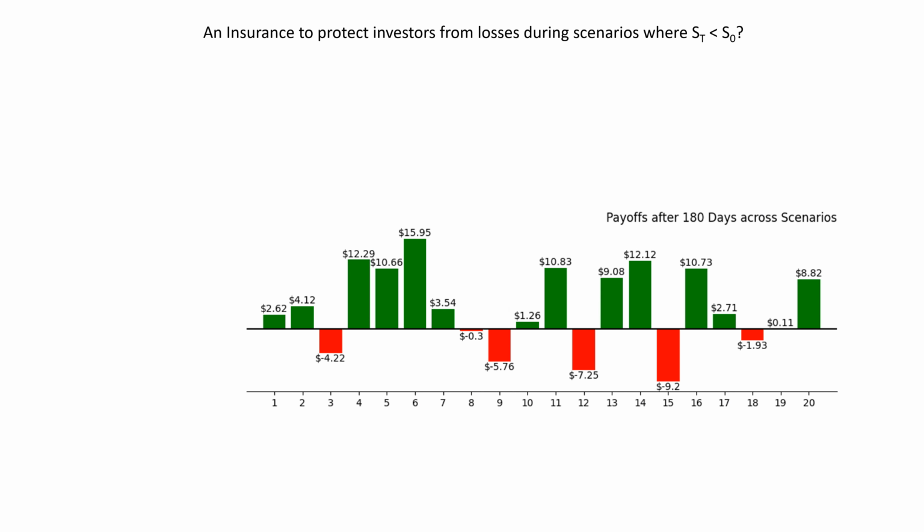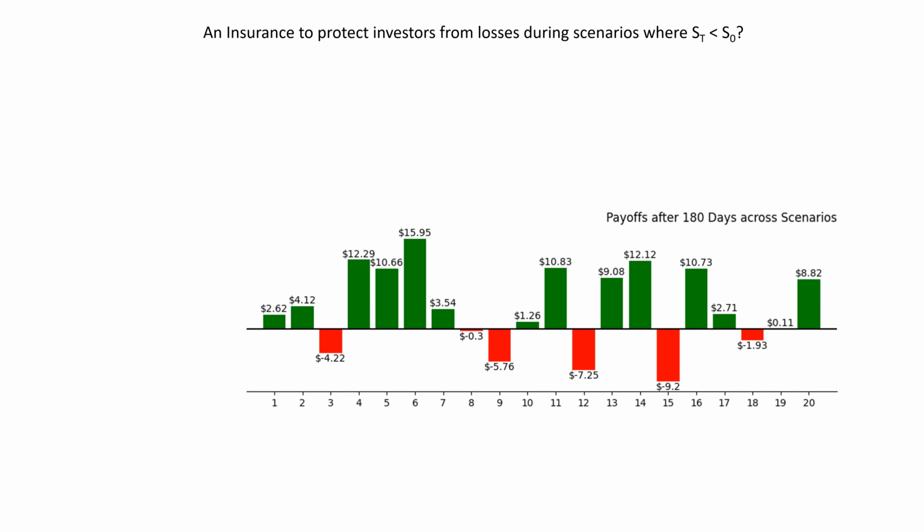We have our payoffs occurring over the 20 possible scenarios. And let's see if an investor can receive insurance to protect themselves from losses during scenarios where the stock price ST after 180 days is less than the stock price S0, which is of today.